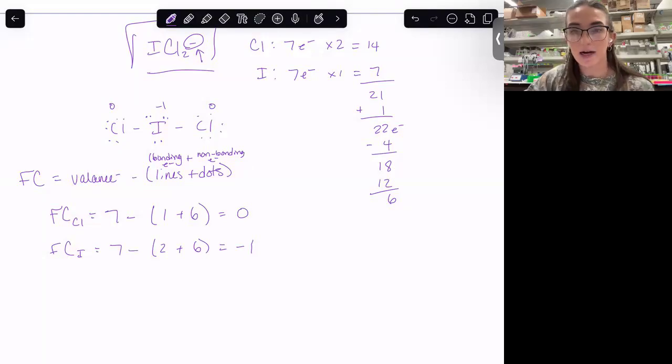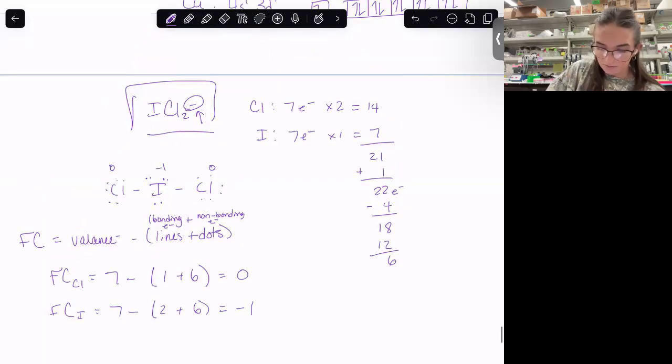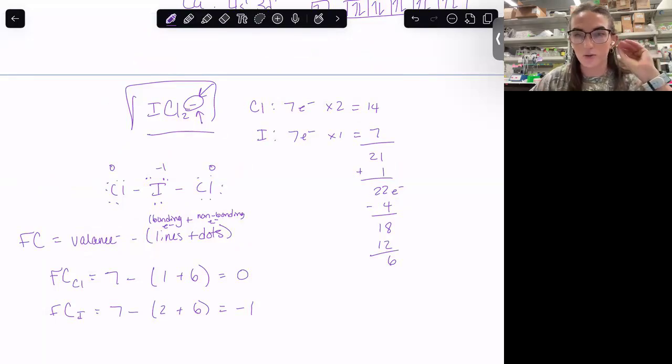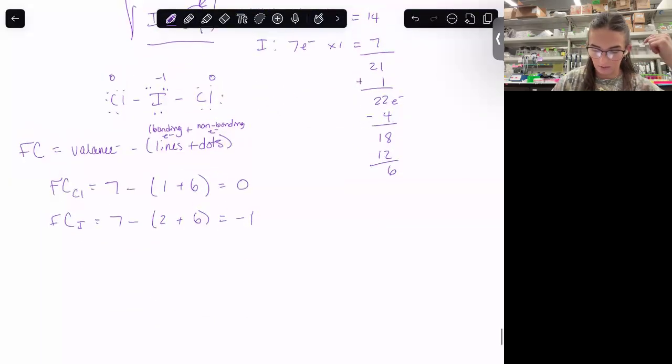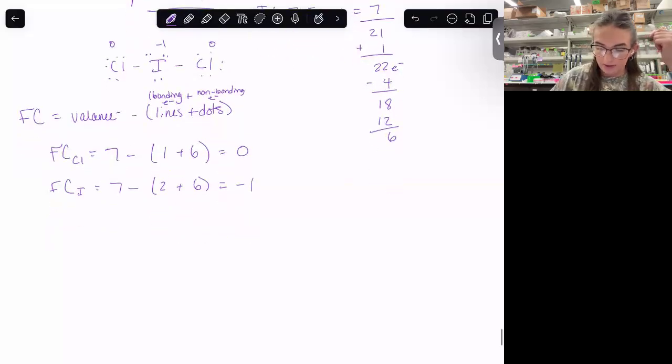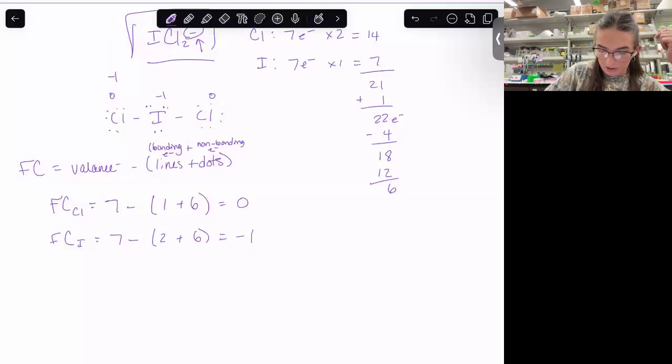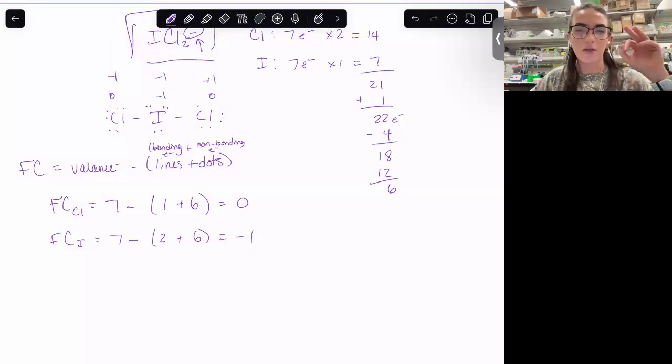So if the initial charge is -1, like in this case, ICl2 minus, you want to aim for as many atoms as possible to have a formal charge of 0, but the charges have to add up to -1 at the end. If this looked like, say, -1, -1, +1, that would be a bad Lewis structure because too many atoms have a charge associated with them.